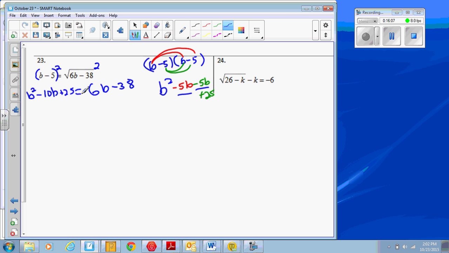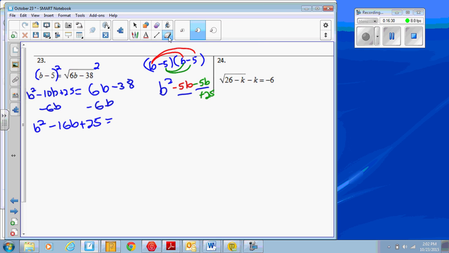Let's set quadratics. We always want to set one side equal to 0. So I'm going to choose this side to be 0 because I have a nice positive b squared there. That's perfect. So I'm going to subtract 6b from both sides. And that gives me b squared minus 16b plus 25 equals, excuse me, it doesn't equal 0 yet.